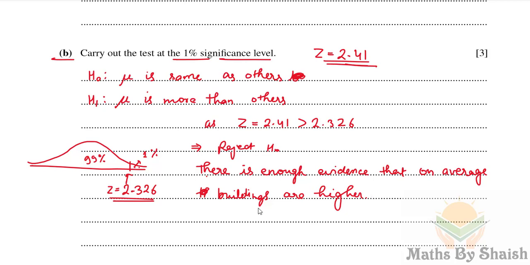Why buildings are higher? We could have written that we reject H0, meaning they are not of the same height, but since he is investigating for higher, we should give our conclusion in the sense of what the architect, or the question, is asking.